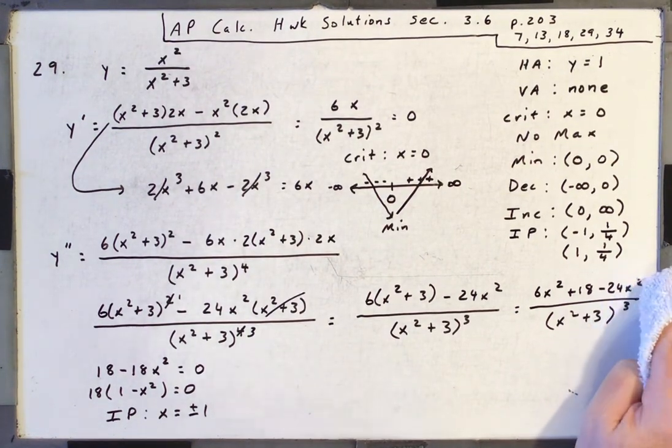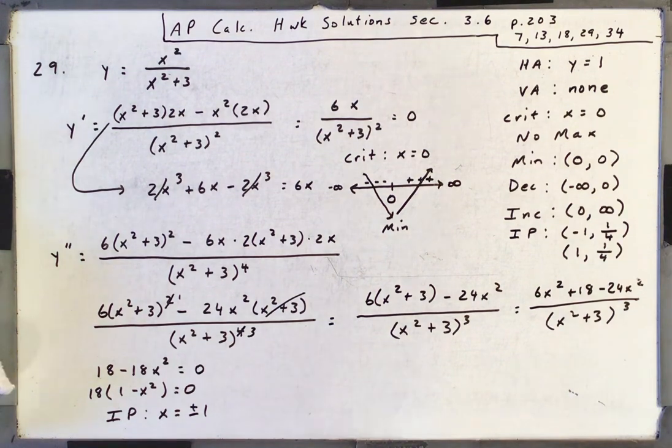So I'm going to erase all this. I could go ahead and do the sign line, and then let's see if I can get it on here. All right, I'm going to do the sign line right here. So I've got negative 1 and 1. Let's put in, I don't know, negative 10. So it would be 18 minus 180. So that's going to be negative.